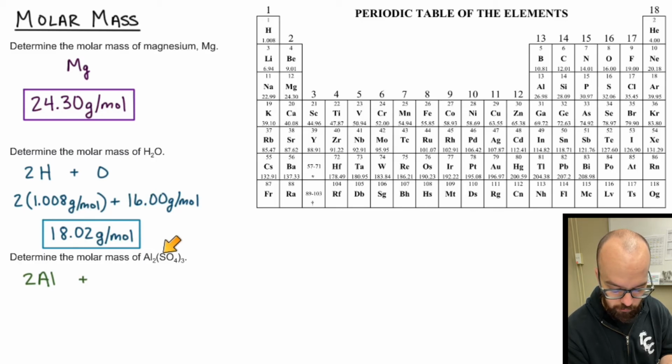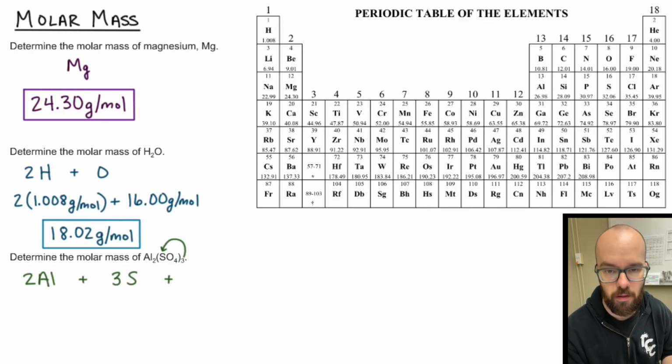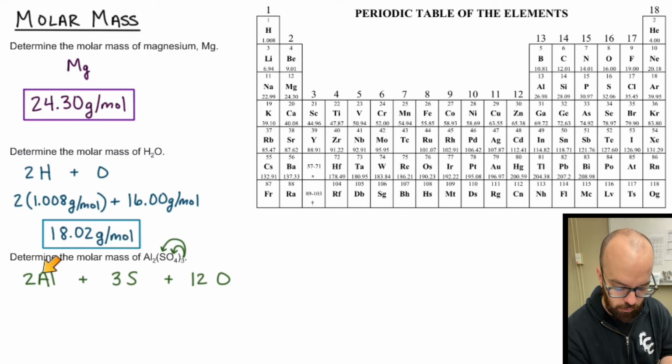So I've got 1 sulfur in each sulfate times 3, meaning I'm going to have 3 sulfur atoms in this molecule. Up next we have oxygen. Now if you notice, each sulfate has 4 oxygens, but I have 3 sulfate ions. So I'm going to have to take that 3 and multiply it by that subscript of 4 on the oxygen to get 12 oxygens. So one molecule of aluminum sulfate is going to have 2 aluminums, 3 sulfurs, and 12 oxygen atoms total in it.